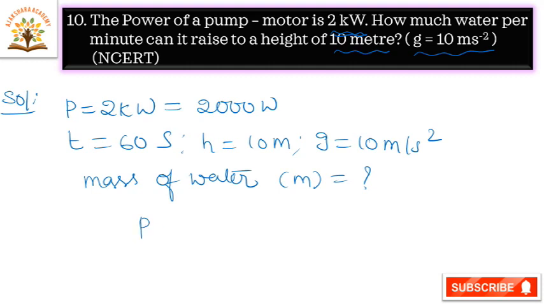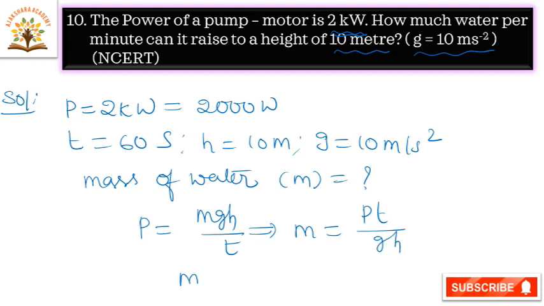So P is equal to rate of doing work, that is equal to mgh by t. So from this we write m is equal to Pt by gh. Now m is equal to, substituting values, P they are given 2000 into t 60 seconds, and g they are given as 10, and h they are given as 10 meters.